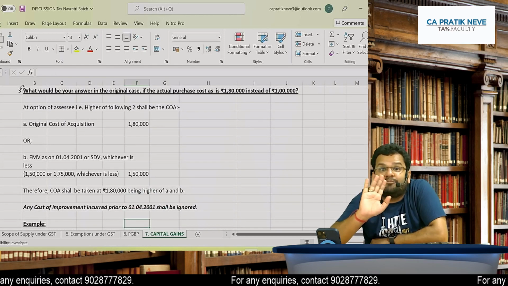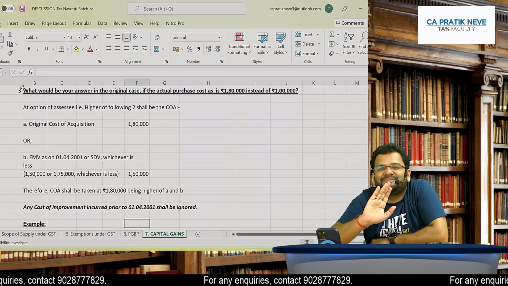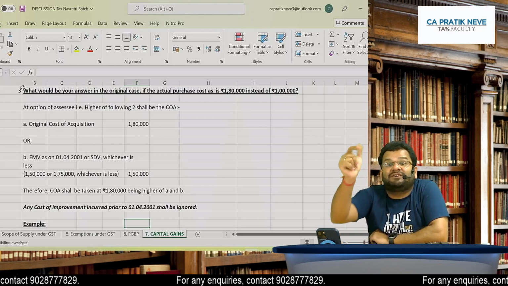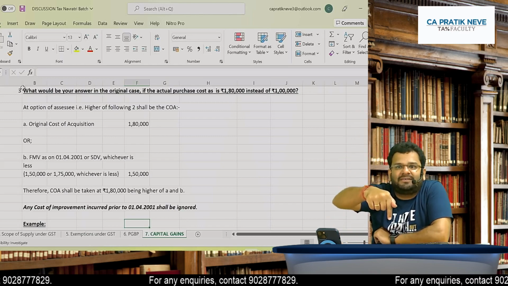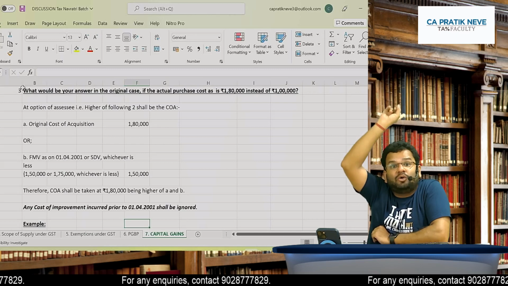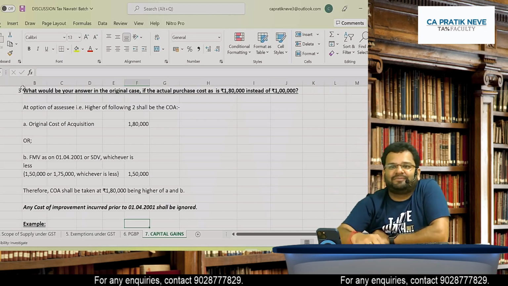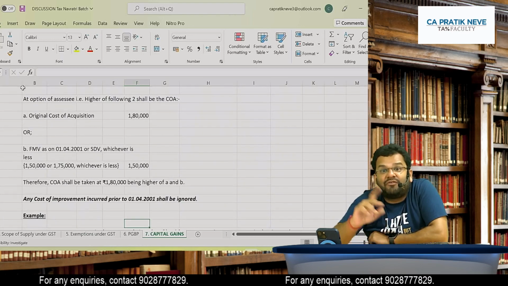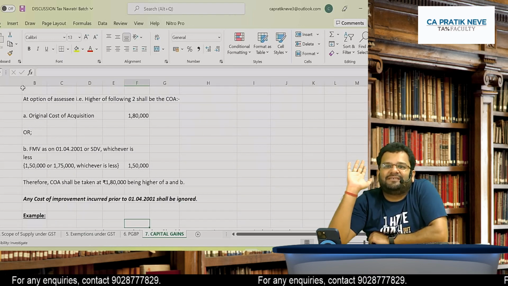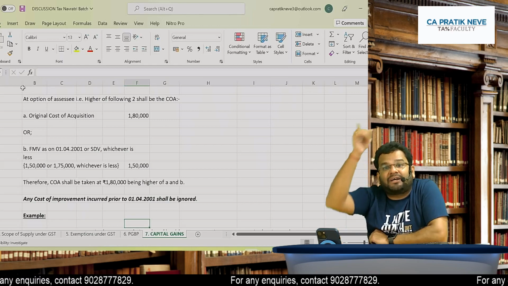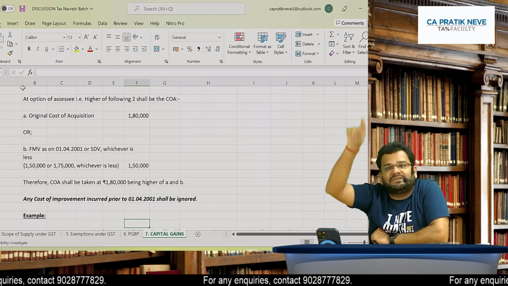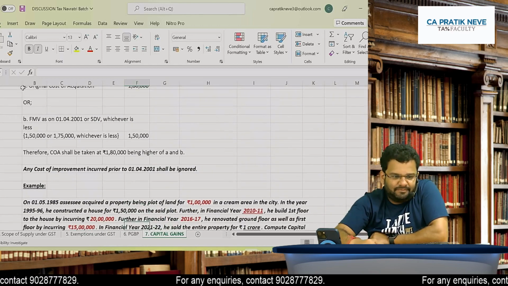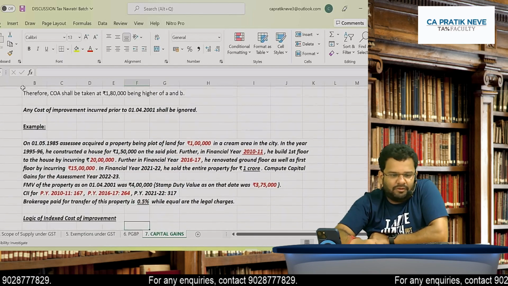Don't bring stamp duty value in between. Stamp duty value can restrict only FMV. Stamp duty value cannot restrict original purchase cost. I hope you understood. FMV cannot exceed SDV, and then compare actual and FMV, whichever is higher. Wonderful, very good.